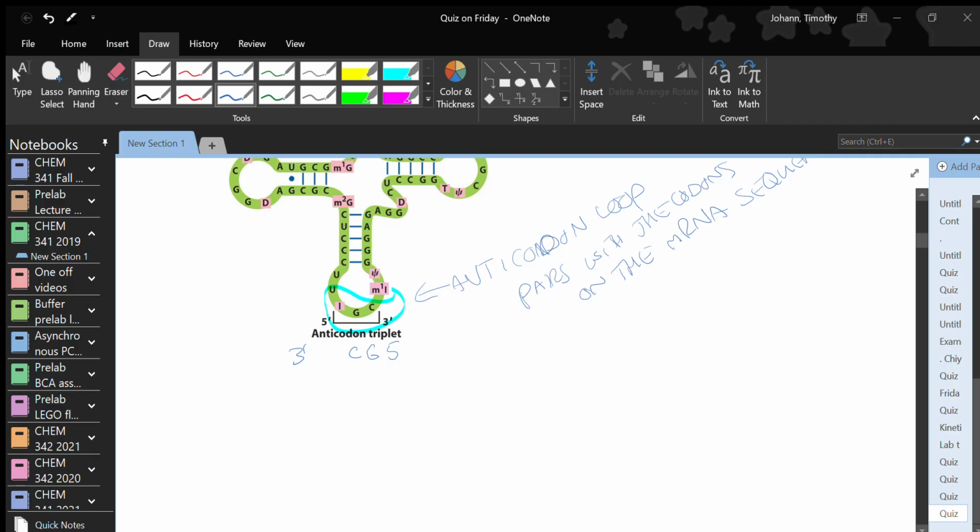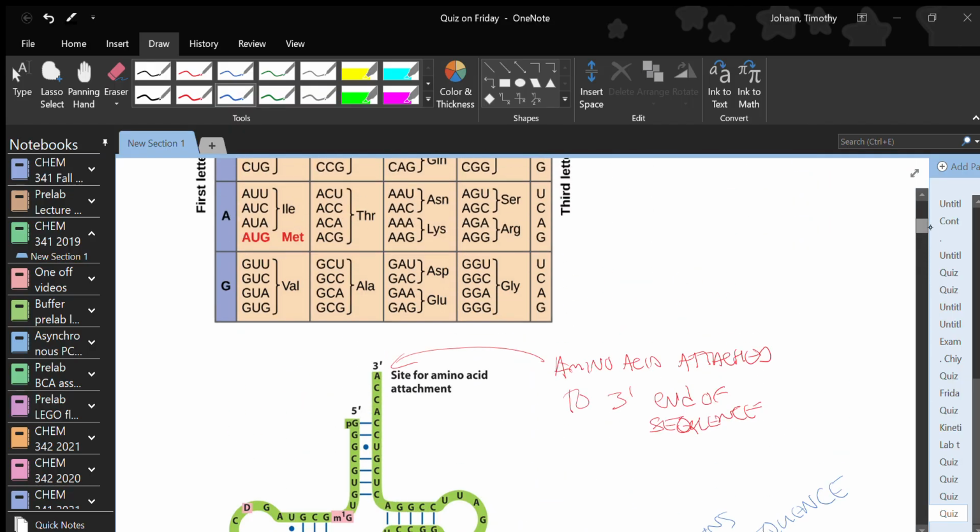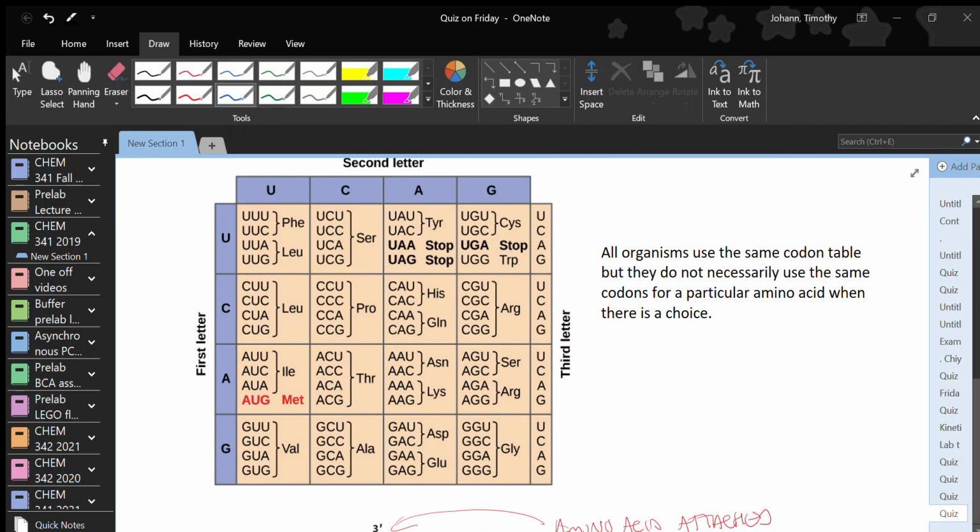Okay, I'm going to go ahead and call it an A. It could be anything, or it could be one of three things. But in other words, the codon, you can just flip that, is GCA, which if we look up here would be GCA, it's alanine. Okay?